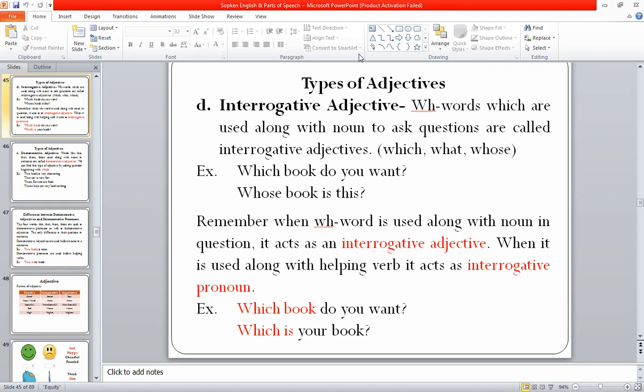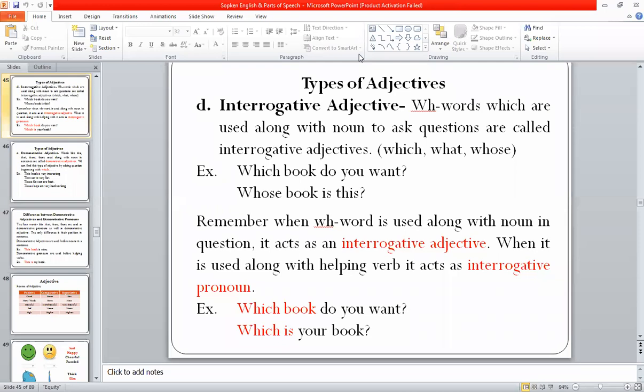If this question is asked, then in this question, which is the interrogative adjective? How to identify it? To identify it, we have to see if there is a noun coming after that word, or coming in connection with that word, then only it is the interrogative adjective. So which, what, whose, whom, these are called interrogative adjectives only if they are followed by a noun.